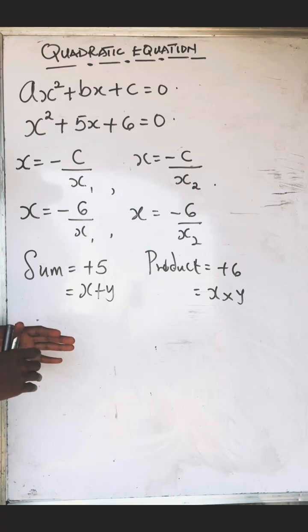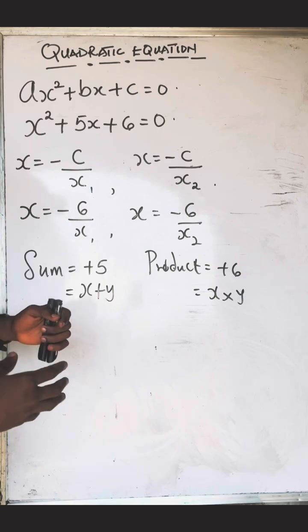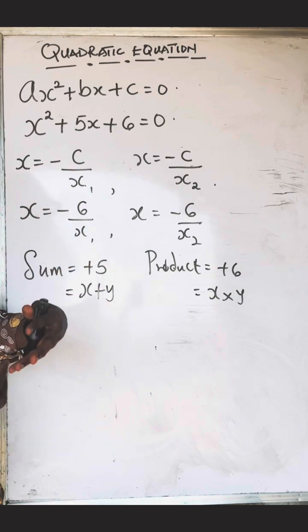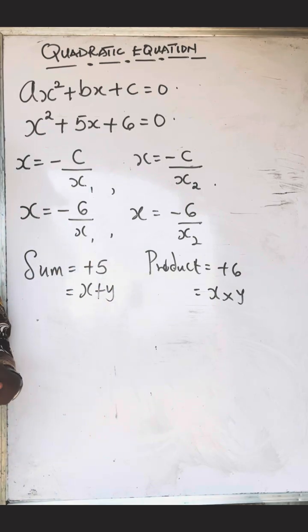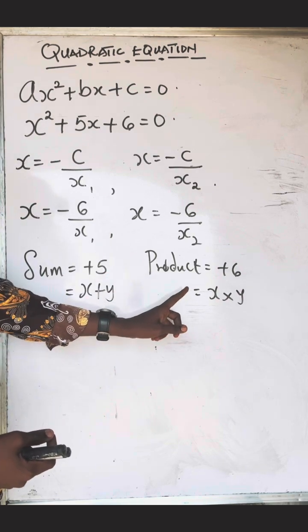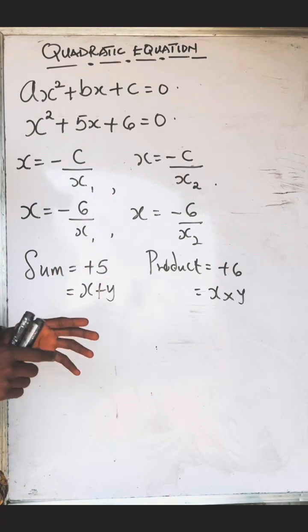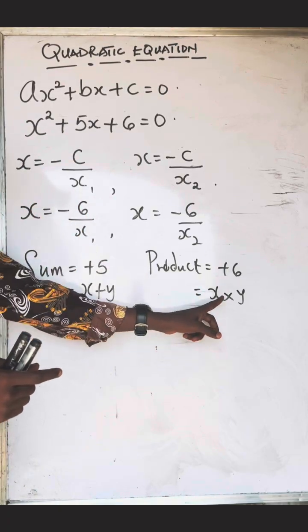Now, the question is, what if we're having a very large number? It will be so difficult and intense to find the sum and the product. But instead, there is a trick to getting these two values in question.